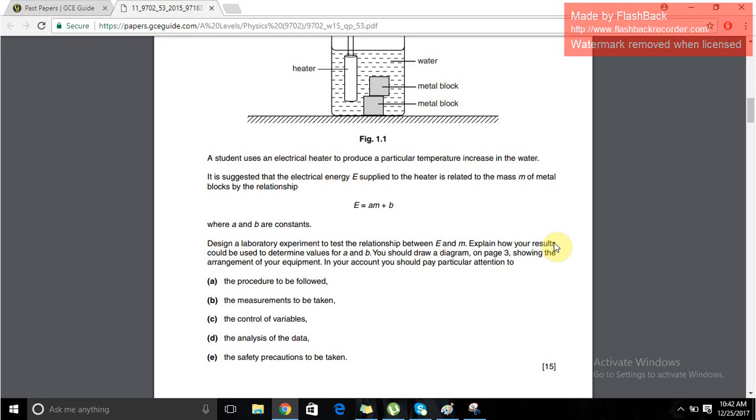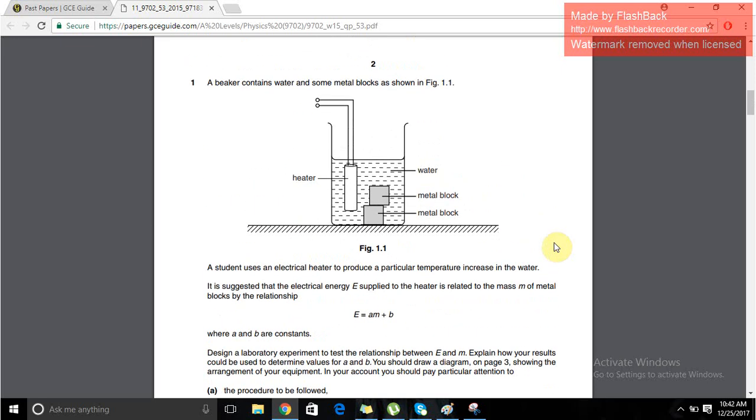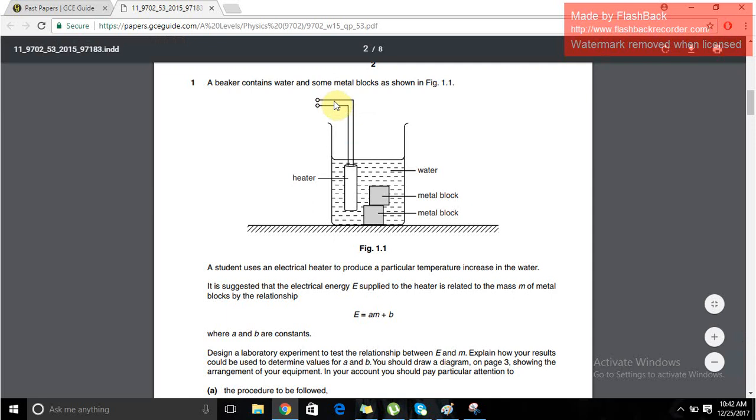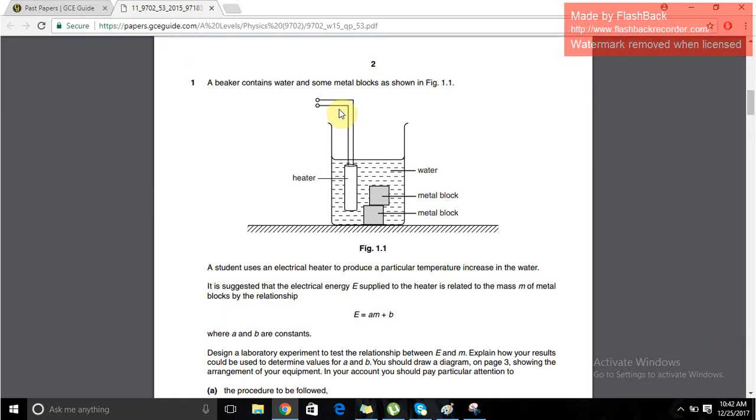And what is the formula of power? It is basically V into I, and so you need a value of the voltage over the heater, and you can simply connect a voltmeter like this in parallel, and you also need an ammeter, and P is equal to VI would be the power.